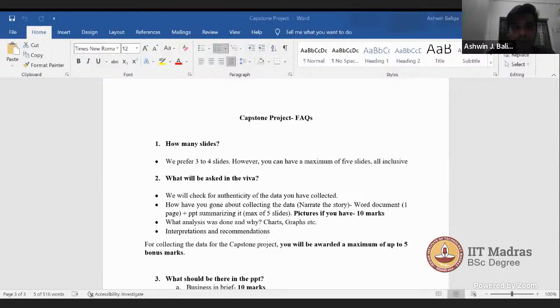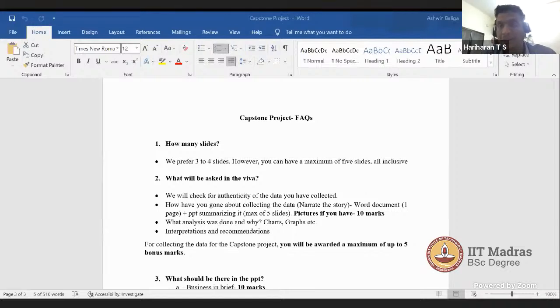A lot of you have been writing that data collection is difficult. See, if you look at last year's batch, there were 400 students who had registered, of which 220 plus had taken the Capstone project and done it. You also have to appreciate their effort, because that was the time when Delta was at its peak, and a lot of people were not able to collect the data.